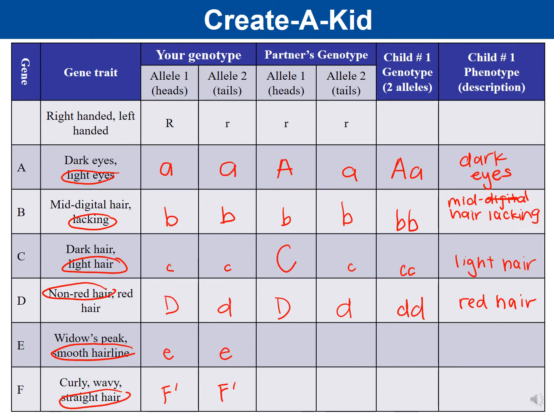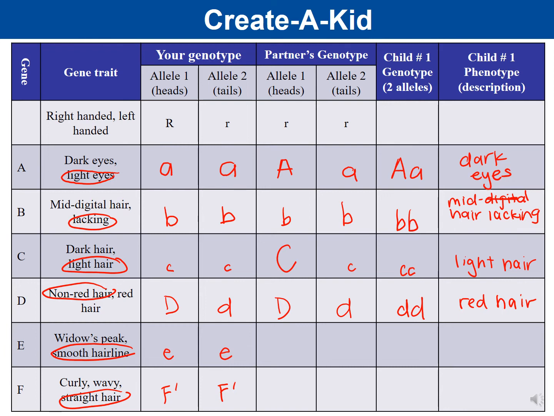If you think about it, each person, so me, myself, for every gene, I have 2 alleles. There are 2 choices. I could give a dominant, or I could give a recessive, depending on the trait. There's a 50% probability that I give one, and there's a 50% probability that I give the other.